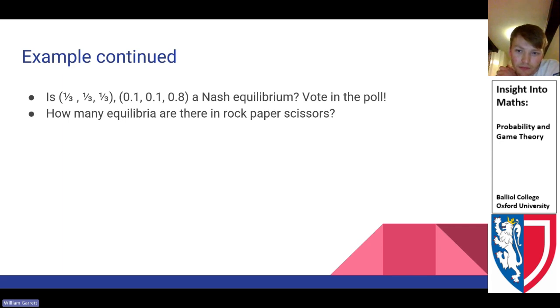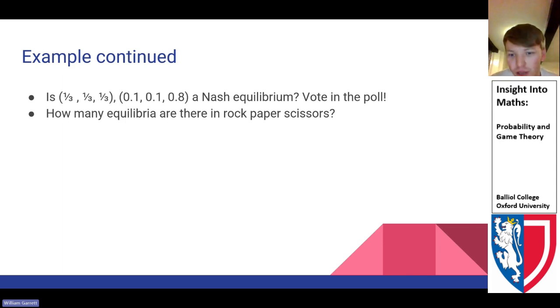How about this? Okay, so lots of people are correctly saying no. I agree. This case is a little bit more interesting because our opponent is completely indifferent to whatever their strategy is, right?